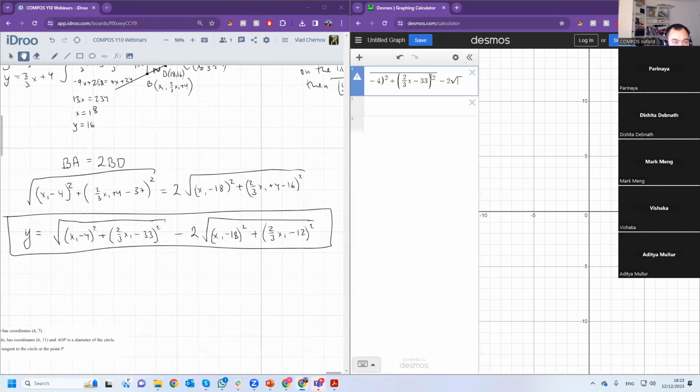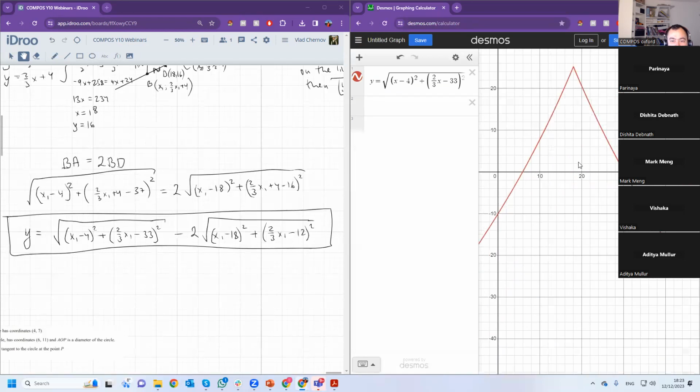Can you copy that? It is going to be (x minus 18) squared plus (2/3 x minus 12) squared. Aha!